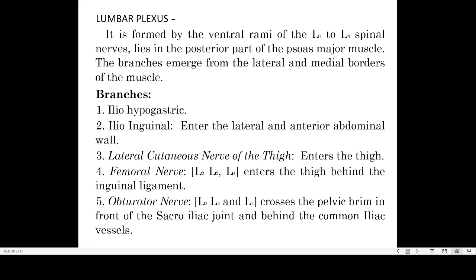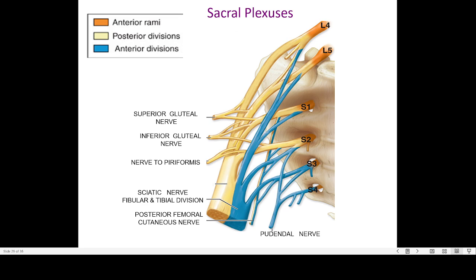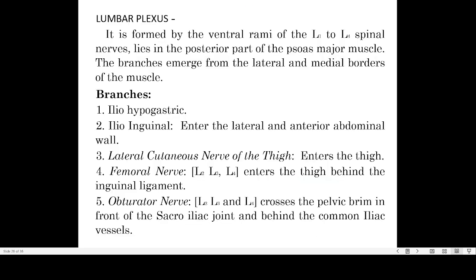Then again another important nerve, the obturator nerve, also by L2, L3, L4, crosses the pelvic brim in front of the sacroiliac joint and behind the common iliac vessels, and mainly supplies the group of muscles. You have to remember, these are the important branches of the lumbar plexus.